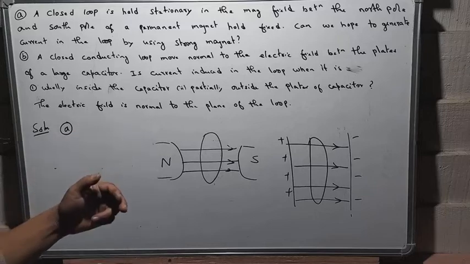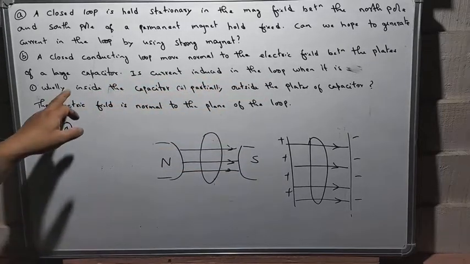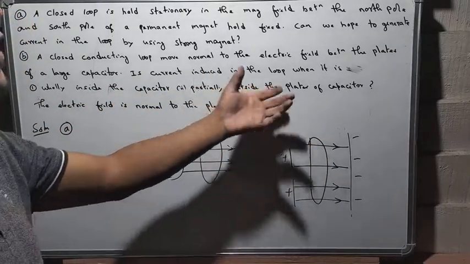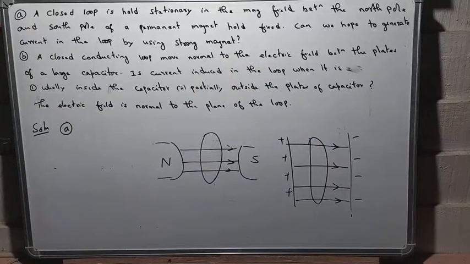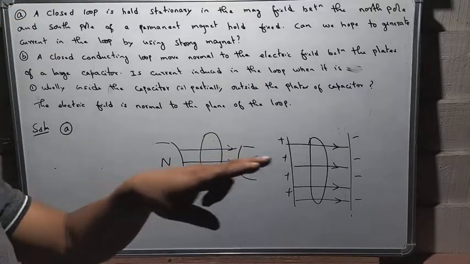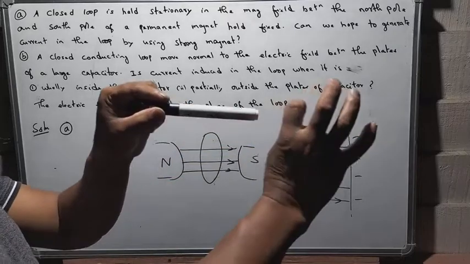So the question is, is the current induced in the loop when the loop is wholly inside the capacitor or when it is partially outside the plates of the capacitor? The electric field is normal to the plane of the loop, which means if this is the electric field, this would be the loop.